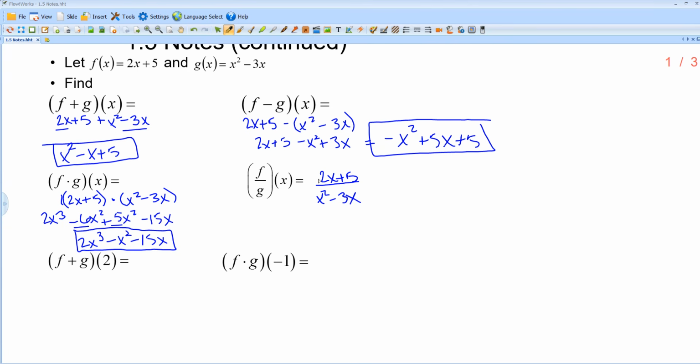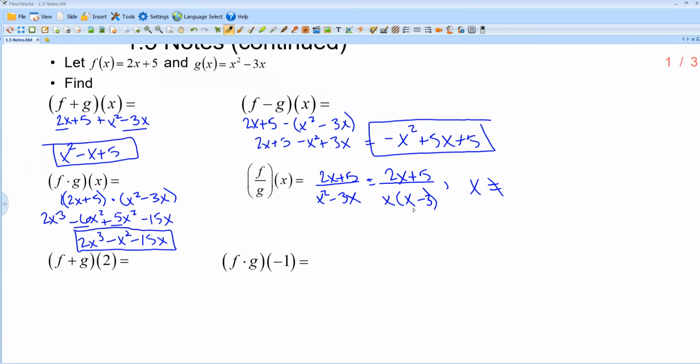We do talk about domain restrictions with something like this because we do have some issues with the denominator. So if you factor that denominator, you'd get 2x plus 5 over x times x minus 3. I just greatest common factored the x out of that denominator. And the only way that this helps us is now what we have to do is state what x cannot be equal to.